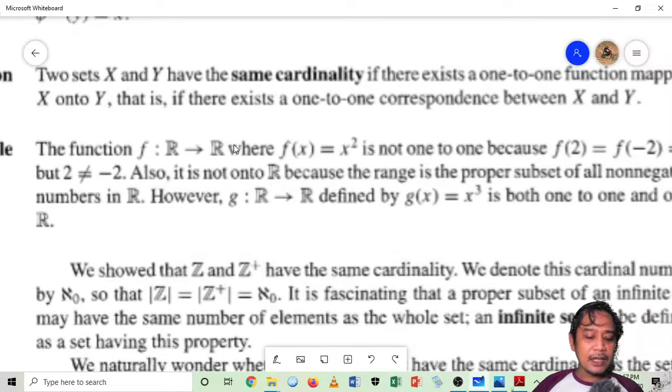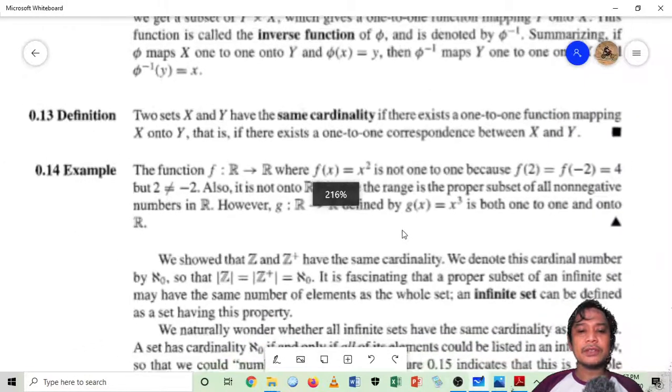It is not included in the range. The range would be just a subset of R and not R itself. Therefore, f here is not onto. Okay? However, it can be proven that the function g mapping R to R defined by g of x equals x cubed is one-to-one and onto. You can verify that yourselves.